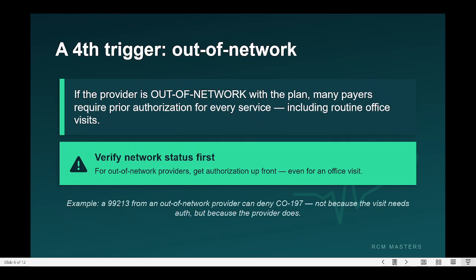So you can get CO-197 on a basic established patient visit, a 99213, that would never normally need authorization, not because of the service, but because of the provider's network status. The lesson: always verify network status during eligibility. And if the provider is out of network with that plan, get authorization upfront for everything.